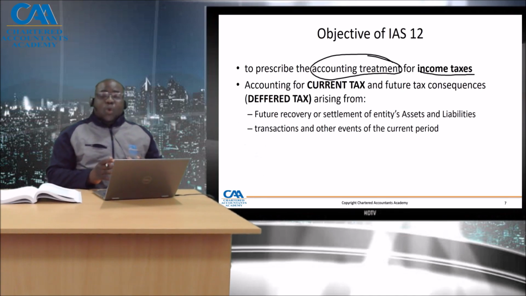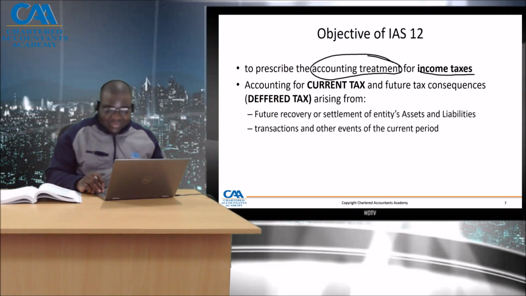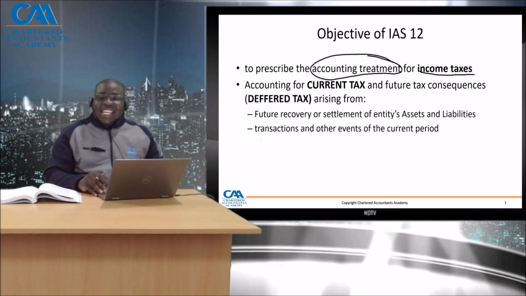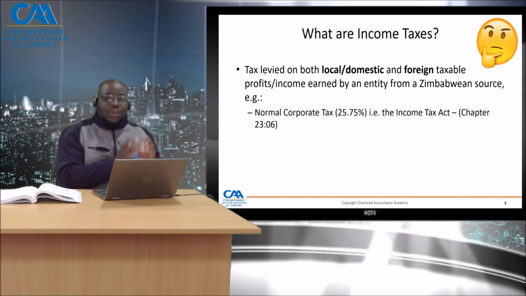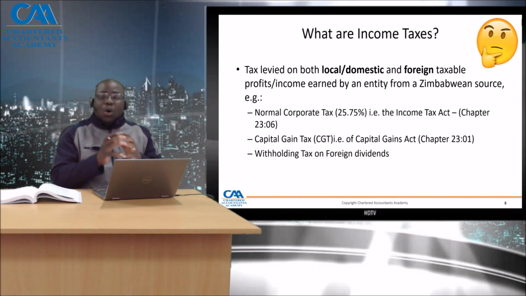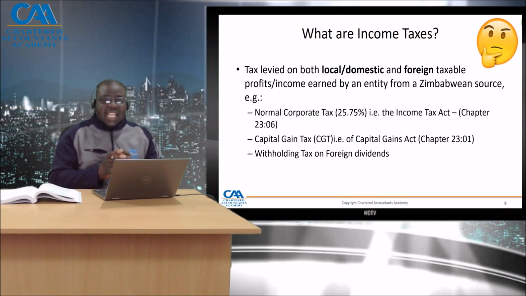Now, what do we call income taxes? Income taxes are taxes that are levied or charged on local domestic income or foreign income or taxable profits earned by an entity from a Zimbabwean source.